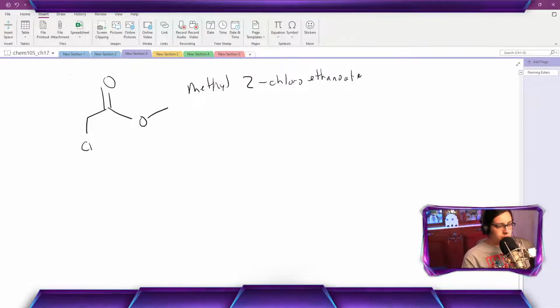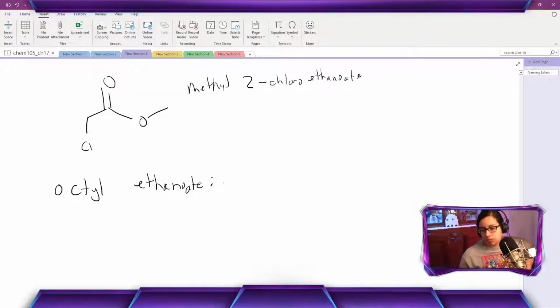And let's kind of do the opposite now. So if we have octyl ethanoate, what would that be? Give everyone a minute or so.